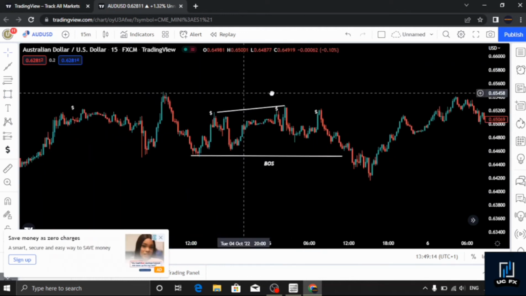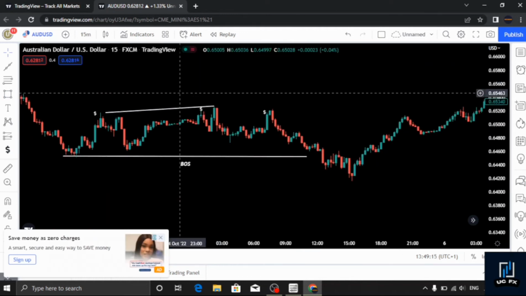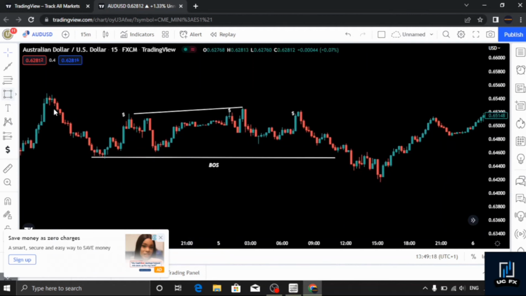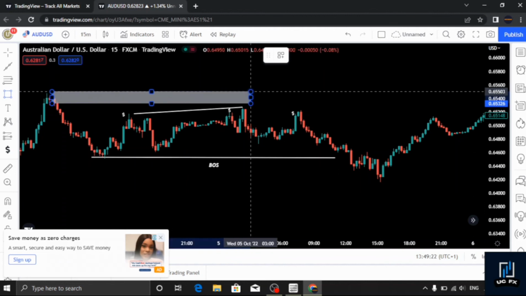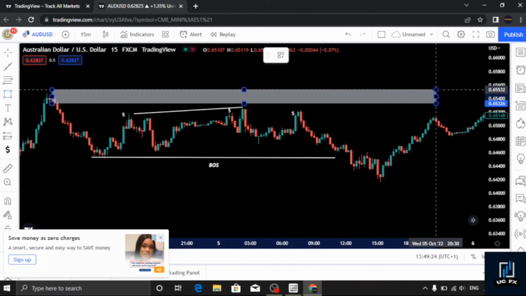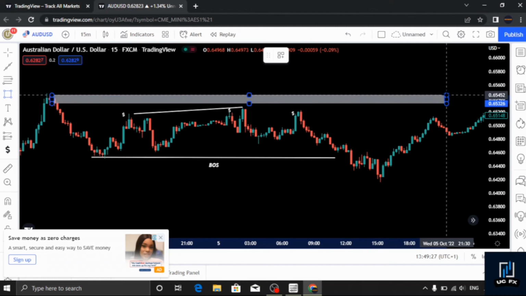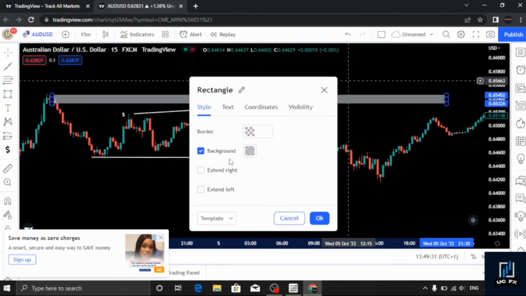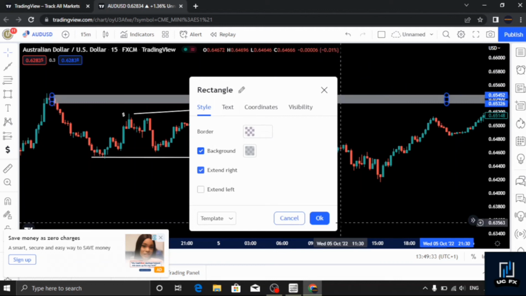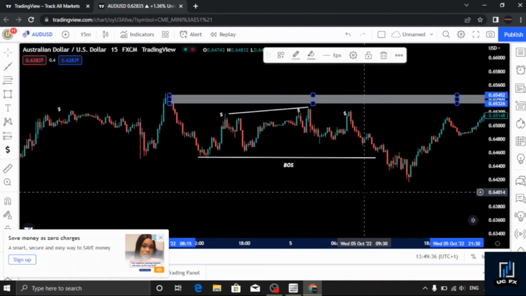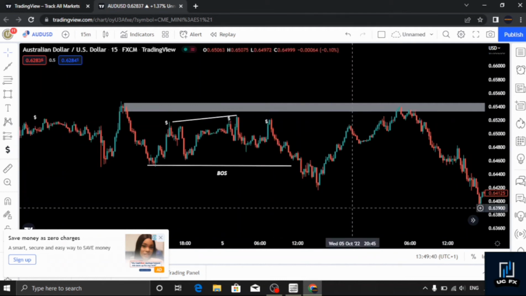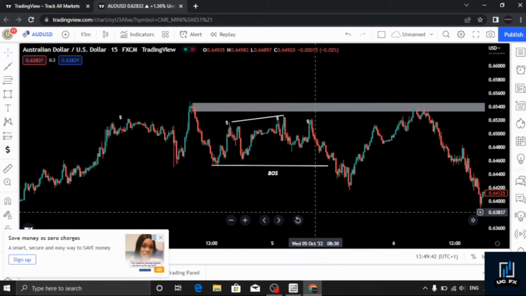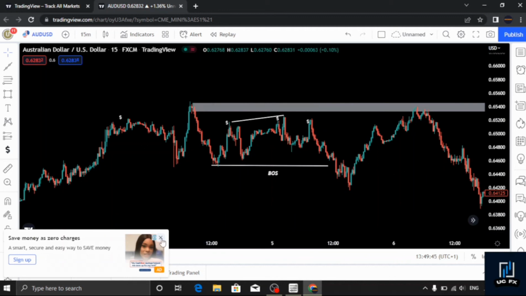So let's try to see. Here is our 15 minutes time frame order block. Let me try to sort it out. So this is our 15 minutes time frame order block, and as you can see, price tapped into this order block and went lower. So this is practically how you can trade imbalances.